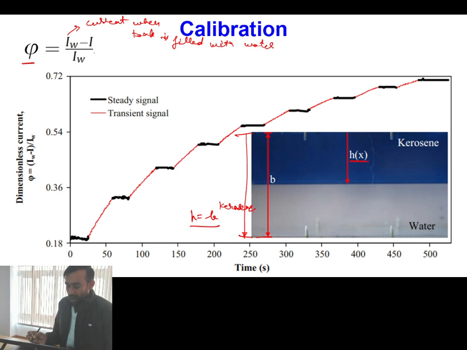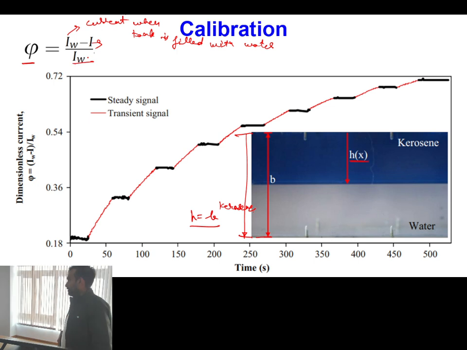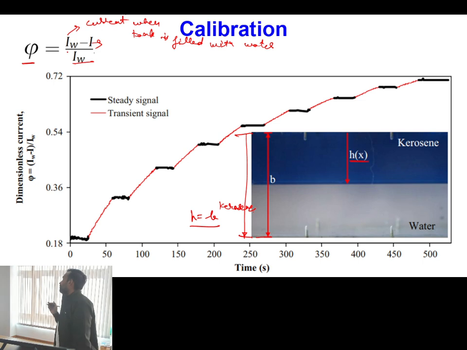So IW minus I is our arbitrary signal corresponding to the different heights, and that we have also divided by IW. In this way, whenever my tank is completely filled with water, the value of the signal will be IW minus IW, which is close to 0.